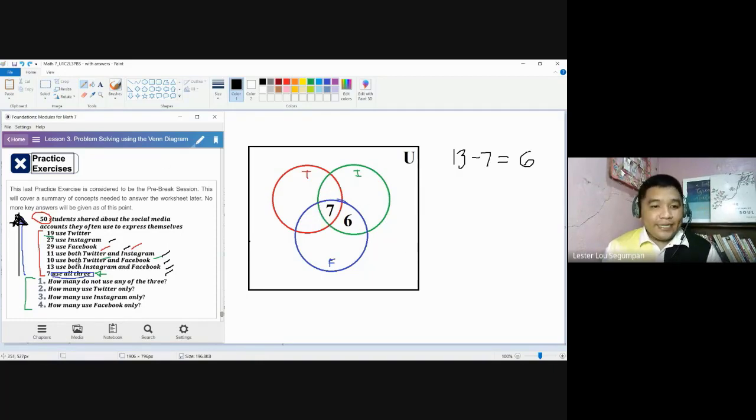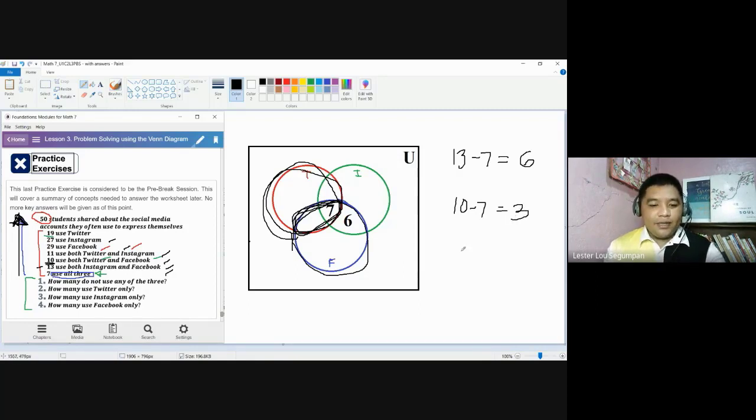So, proceeding to the next, duplicating the process, 10 use Twitter and Facebook. So this is the area for Twitter, this one here, and this is the area for Facebook. So this area should contain only 10. And since 7 is already here, you can say 10 minus 7, and you will get 3.